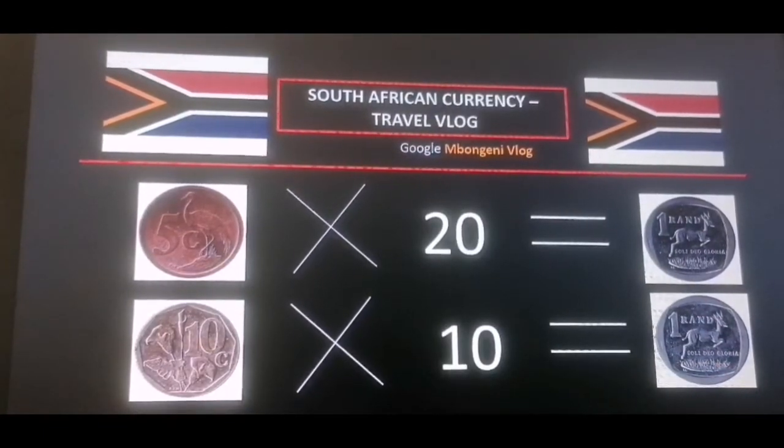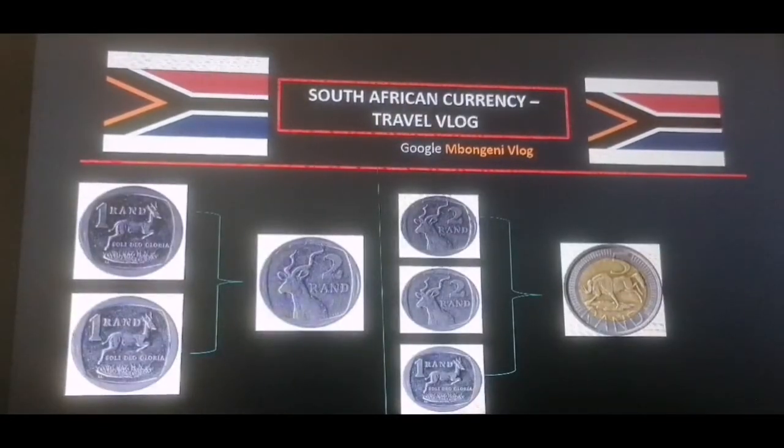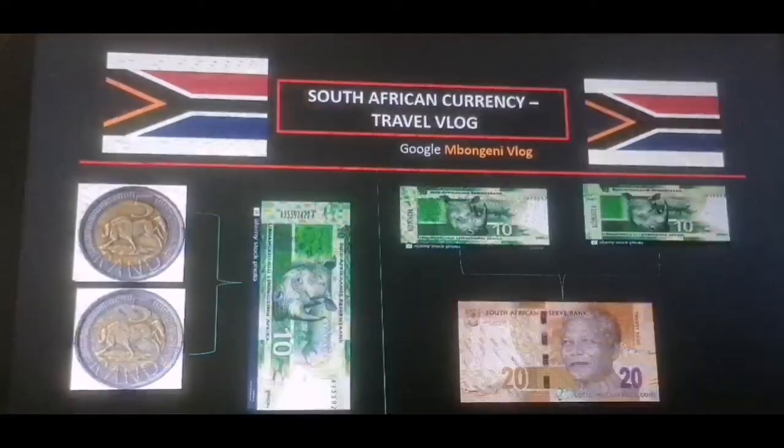Here also, 10 cents, 10 times gives us 1 rand, 5 of 20 cents give us 1 rand as well, 2 of 50 cents also give us 1. So 1 rand and 1 rand give us 2 rand, 2 rand and 2 rand and 1 rand give us 5 rand. So you can work it out moving forward.